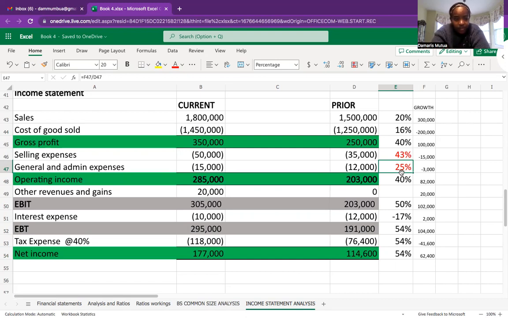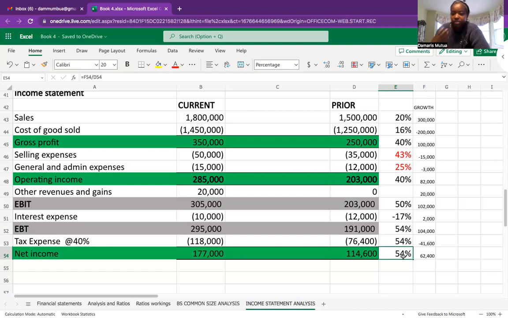Our bottom line, that is the net profit, has grown by 54%. When you see the net profit growing, everyone is happy: the shareholders, the employees, the stakeholders. It's a good sign.